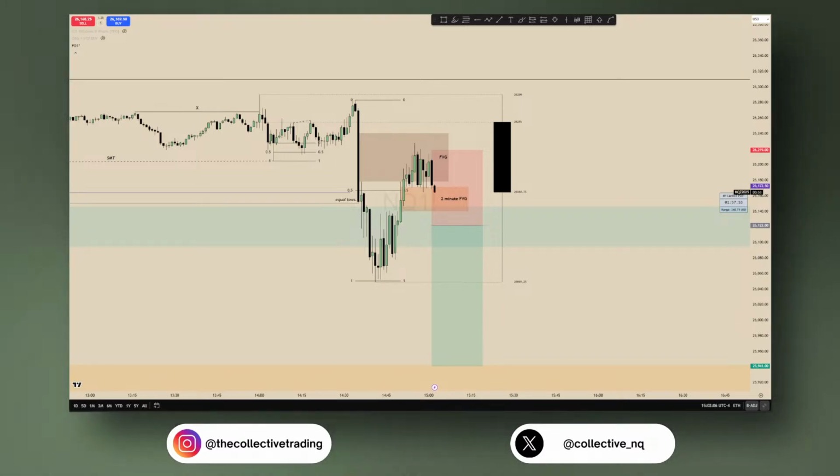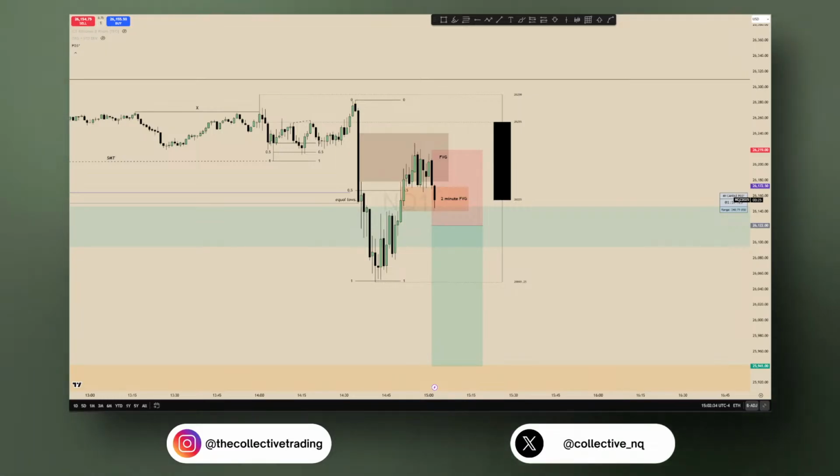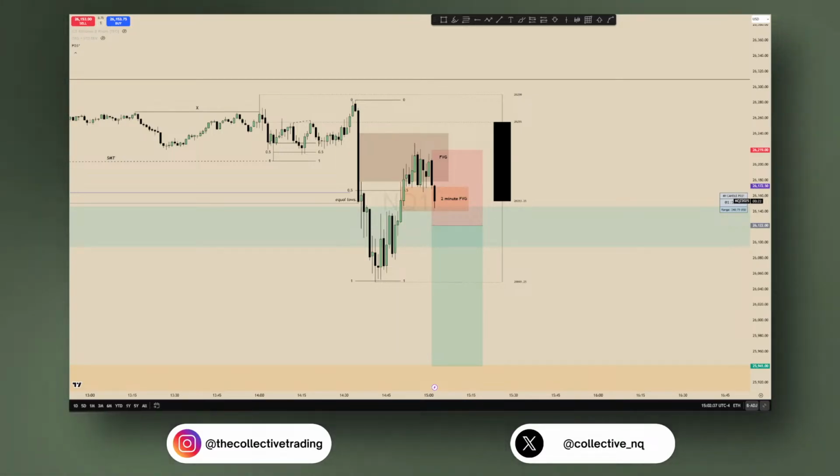Like if the 5-minute just instantly goes lower, you're looking at that as something that's pretty confluential. So the 2-minute, it's a minute till it gets closed.